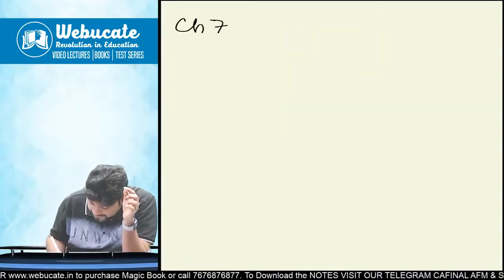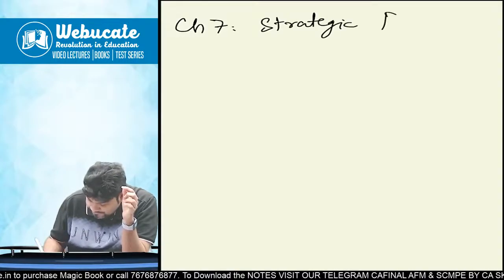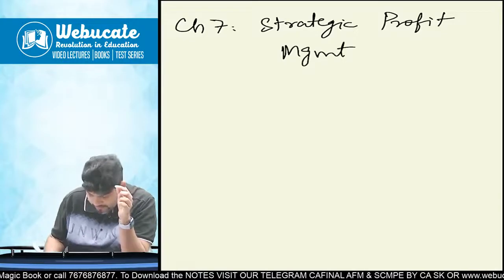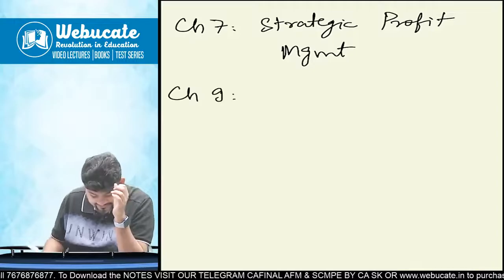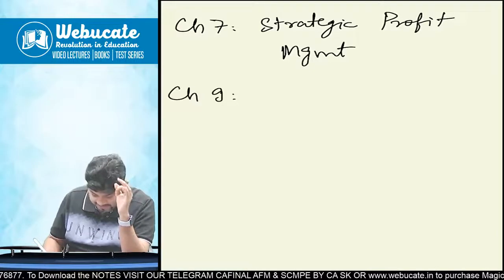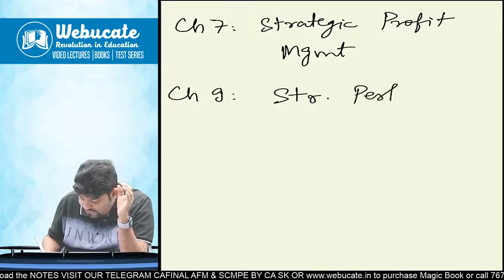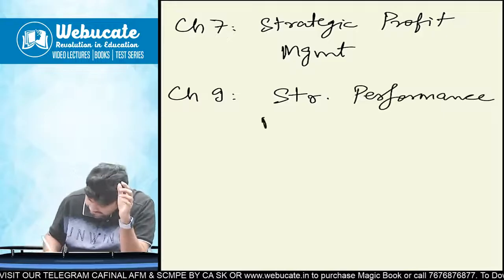So, chapter 7 is going to be strategic profit management. Then we have the last which is left, and that is chapter 9, which is strategic performance measures in private sector. This is also a very nice chapter, a superb combination of theory plus practical.